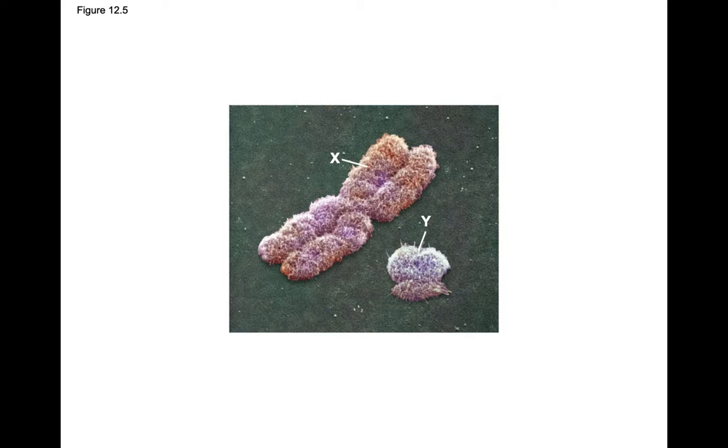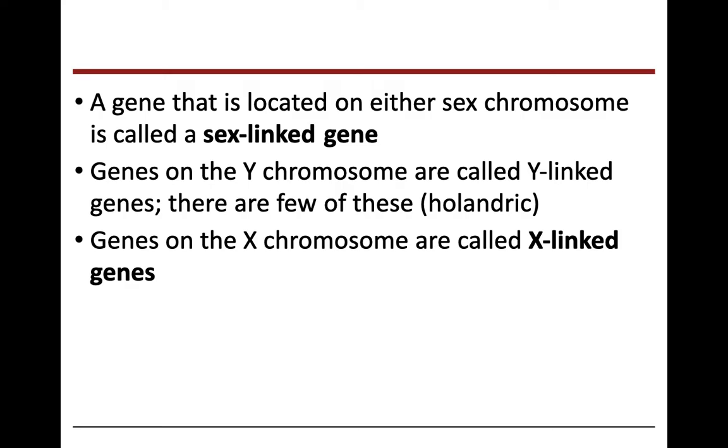This is true for most biological organisms where there's a clear delineation between X and Y or sex-linked chromosomes. They're not always X and Y, but in humans, females tend to be XX and males tend to be XY. We call any gene that's located in either of these sex chromosomes a sex-linked gene.